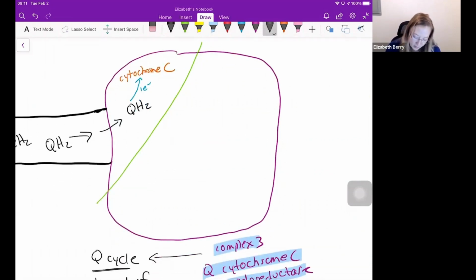But what we're left with after donating 1 electron is that radical that I was talking about. So we're going to have this Q radical.